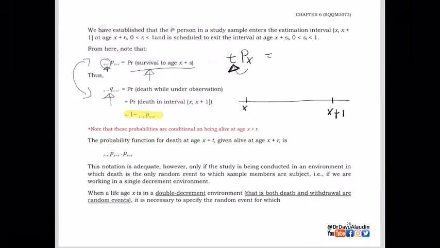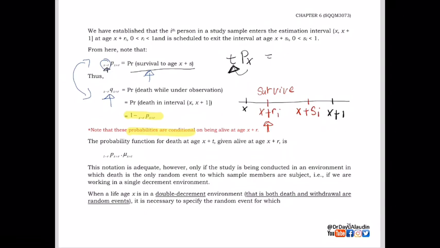So we are looking for x plus ri to x plus si, the entry and the exit age. The subject must survive until x plus ri. The condition is the subject must survive until x plus ri. So we call it conditional probability.